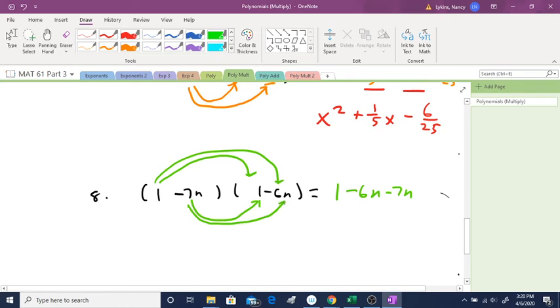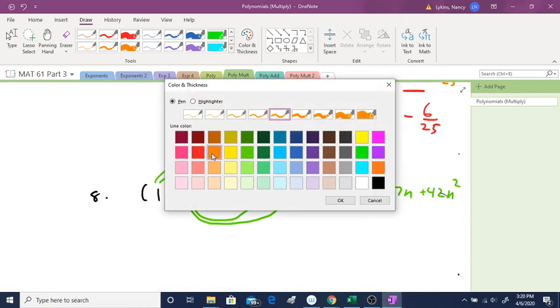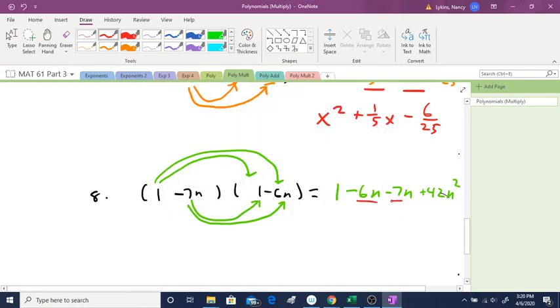And finally, a negative 7n times a negative 6n gives me a positive 42n squared. Now I can combine my middle terms, and I get 1 minus 13n plus 42n squared. You can also write this with your highest exponents first, so that could be written as 42n squared minus 13n, and since that 1 is positive, plus 1.